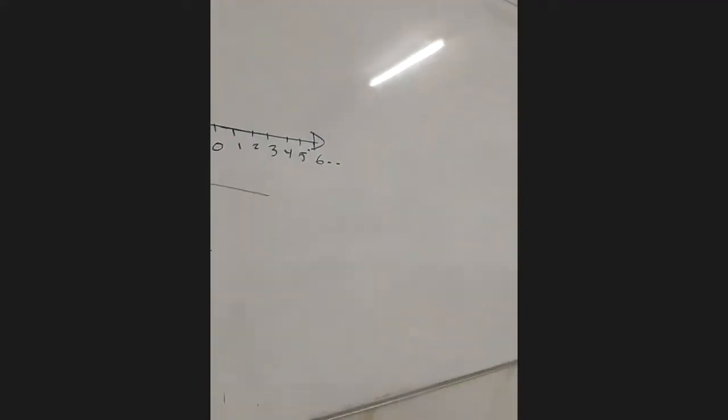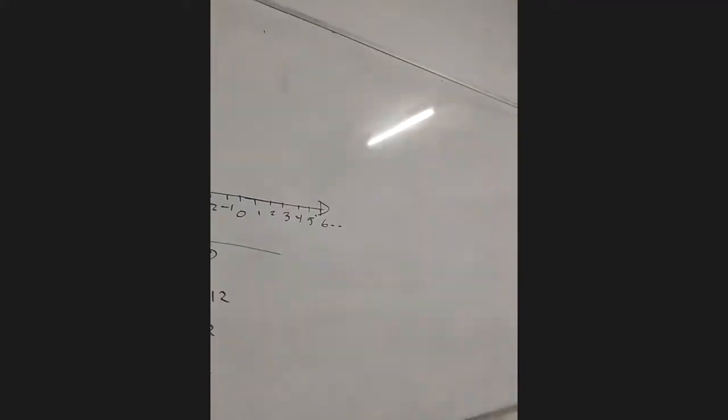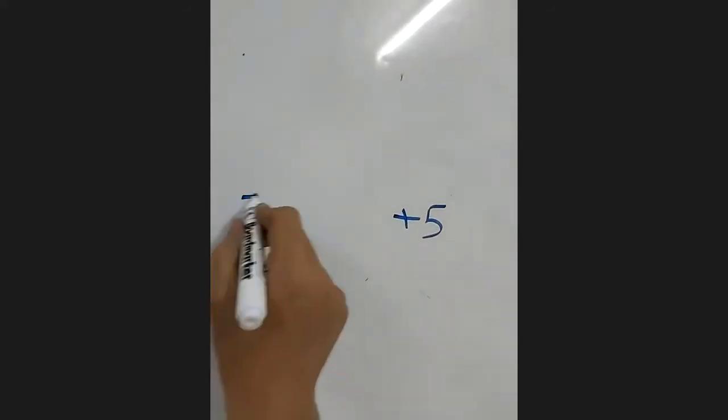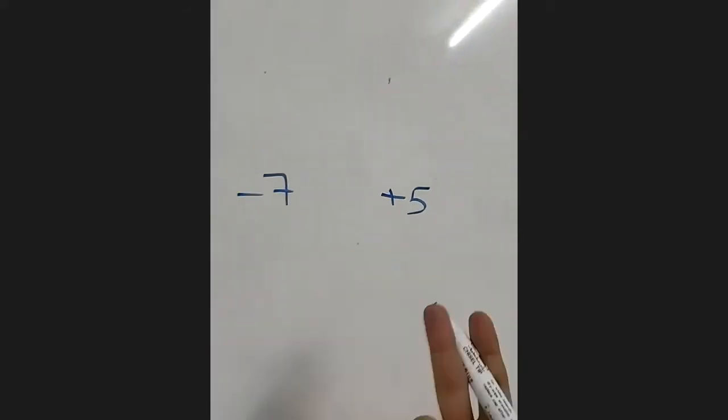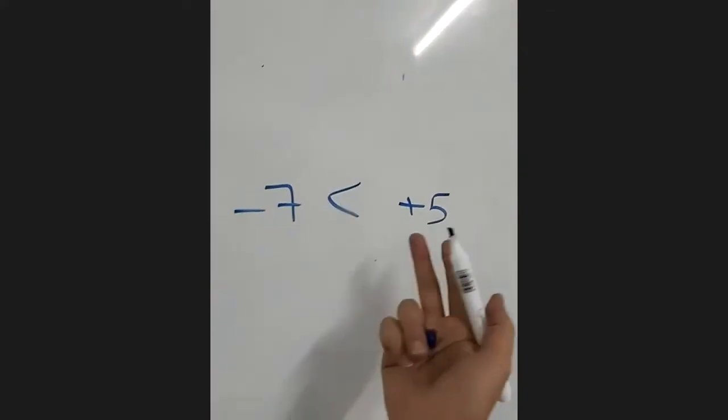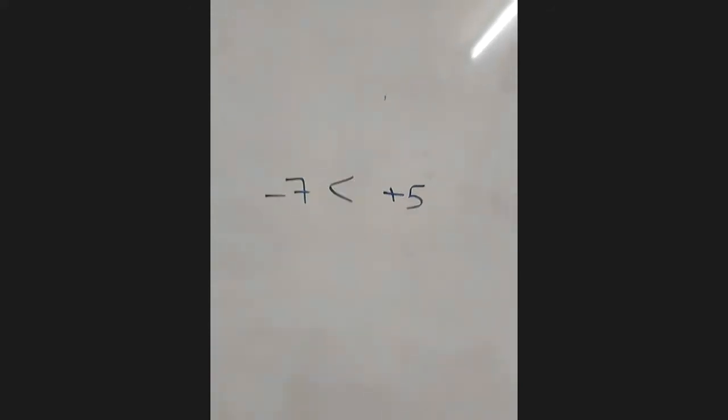Look to me, listen to me, Ahmed. Which one is better for you: if you have 5 riyal or if you lost 7 riyal, which one is bigger for you? 5 riyal. If you have 5 riyal, so +5 is bigger than -5 and -7, right?